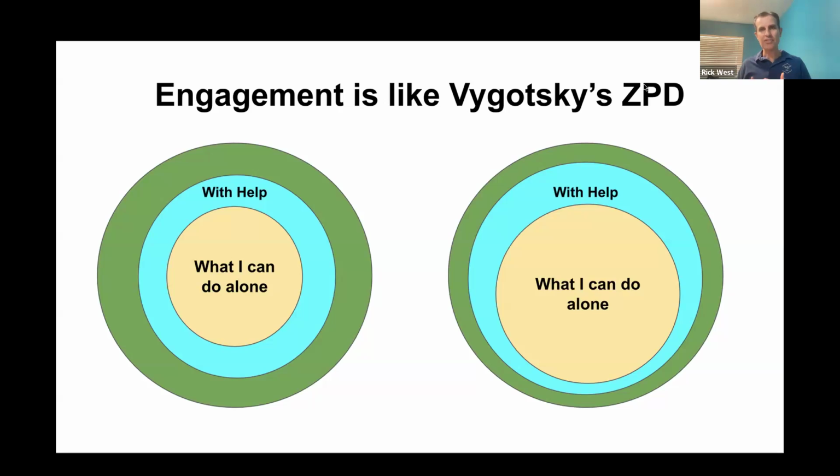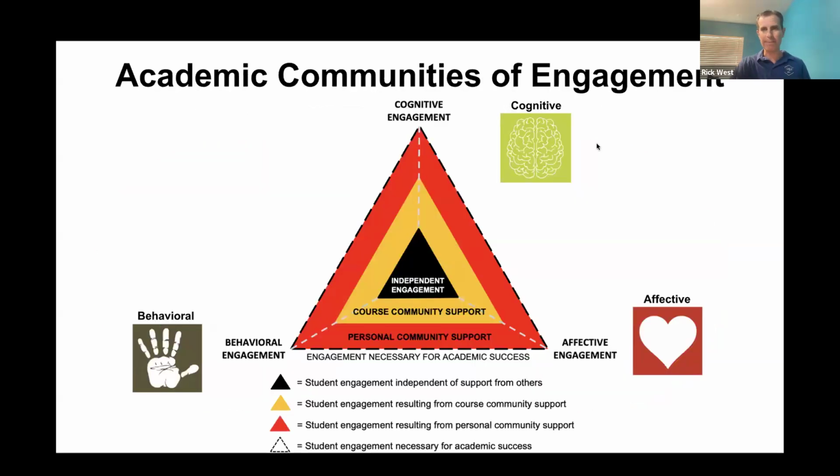And the amount of stuff that I can do on my own will grow. And so then the circle of stuff that I need help with expands as well. And it just keeps growing, and that's learning. So that is something that we've been thinking about in terms of engagement as well. And we don't use the circles like Vygotsky people do. We use triangles in our model.